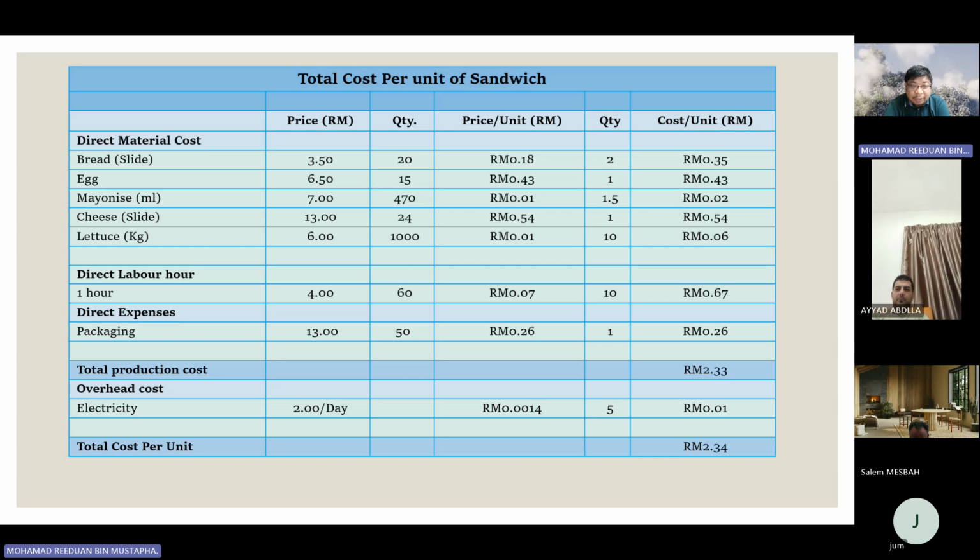your to absorb the electricity in the production cost. So for instance, like overhead costs, the cost that you need to pay every day is 2 ringgit for doing sandwiches, because you are using this electricity. So after you calculate that, you get 2 ringgit, and then equivalent to pricing, you divide it by how many days you're making sandwiches.